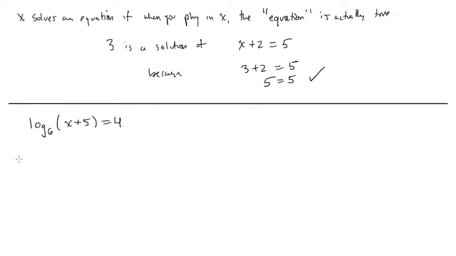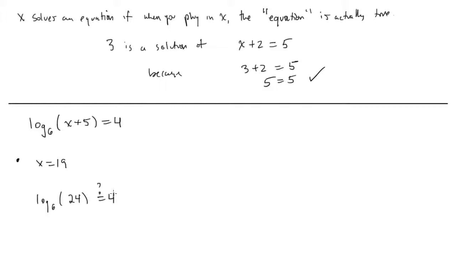Okay, so let's just take a couple of random numbers here. Let's take x equals 19. So if I plug this in, then I get log base 6 of 24, because that's 19 plus 5, and I want to know, does this equal 4?